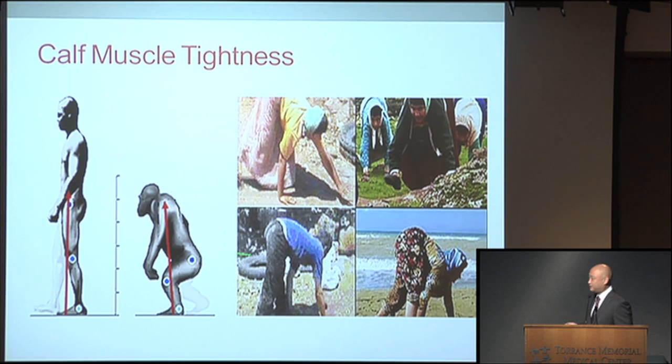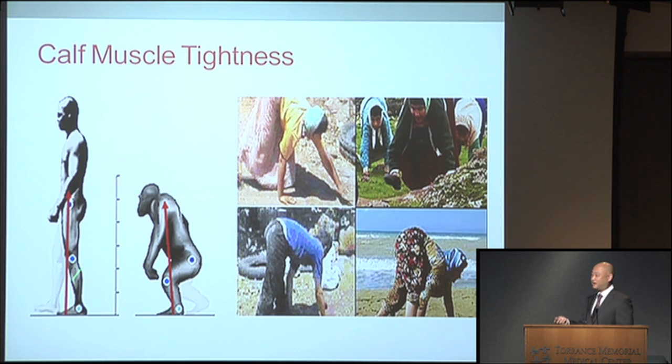Interestingly, in 2005, they discovered this family from Turkey who some of the family members could only walk on all four limbs. And the point of this is not whether or not this is an atavistic trait or whether this is an evolutionary thing. The point of this is that all these people had really tight calf muscles, and it's necessary in order to walk on all four limbs.